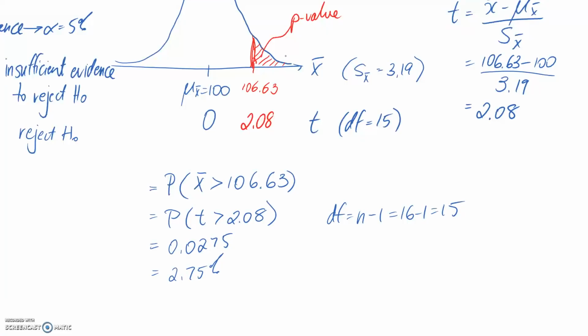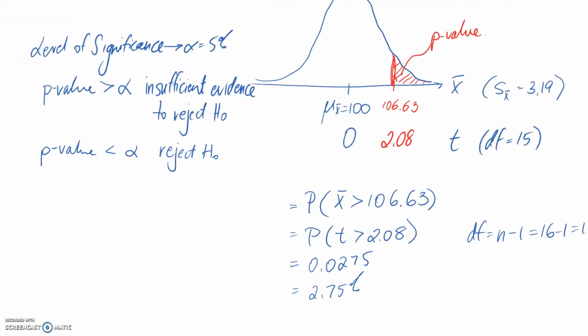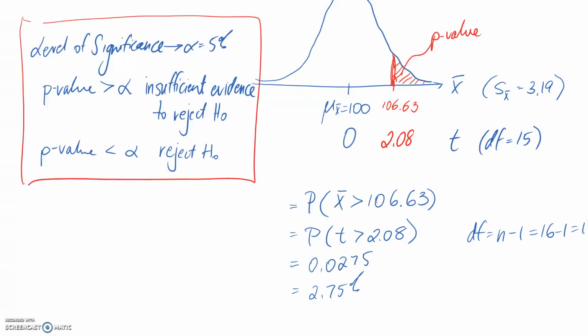So the last step is just to decide whether that is significant or not. If we go back to our section here, which was looking at our decision steps, what we've ended up with is the p-value is less than our alpha value, because we had 2.75%, which is less than the 5%.